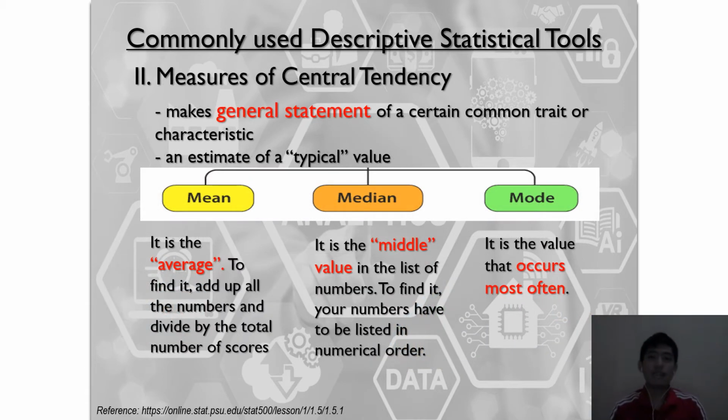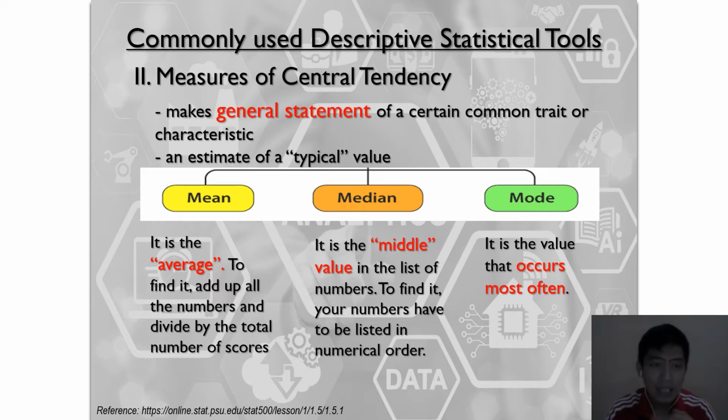Now, the measures of central tendency. First, we're done with the frequency distribution. Central tendency makes a general statement of a certain common trait or characteristic, an estimate of a typical value. There are three measures of central tendency: the mean or the average, the median or the middle, and the mode.